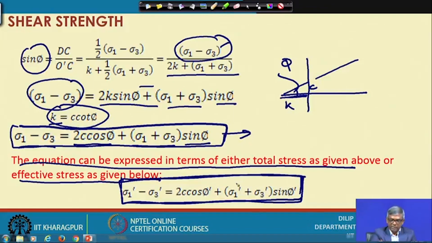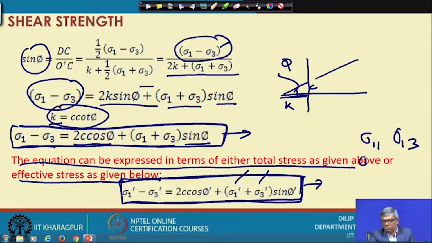So, we generally measure sigma 1 and sigma 3 during the test, and if I do at least 2 tests, then I can express this equation. Suppose one is sigma 1 1 and sigma 3 1, that is one set, and based on that I will get this equation in terms of C and phi. But since C and phi will not change, the same soil we are testing as an identical sample, I will do another test.